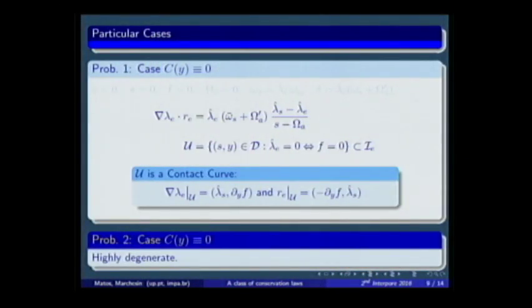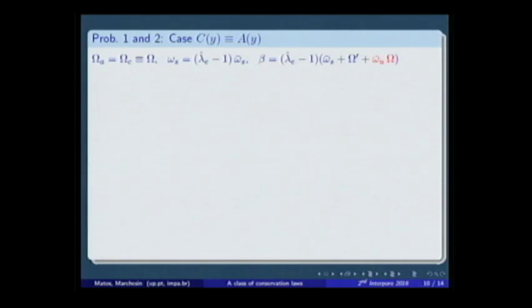If you try to compute the case C equals 0, we'll find that it is highly degenerate, and probably we must do something to solve the problem. If you try to use this, we get almost everything 0, and what I'm doing here doesn't work. Another case is when A and C are equal.